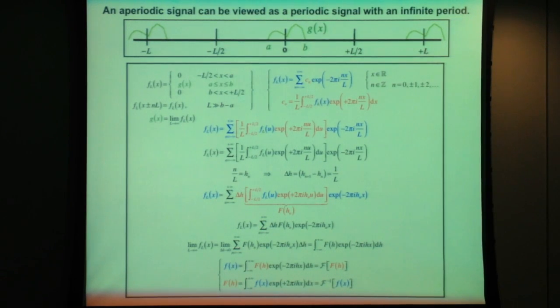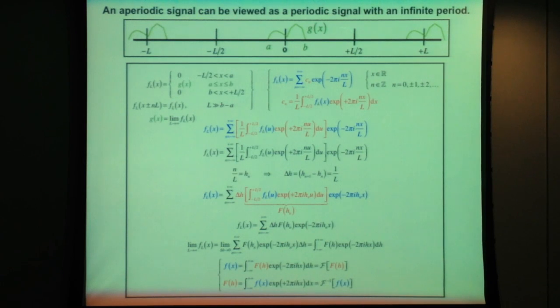So symbolically, the function we're considering now is this periodic function with period L, and we define this function such that for x less than a, but greater than minus L over 2, so x values in this area between minus L over 2 and a, the function is 0. The function evaluates to 0 along that range in x.